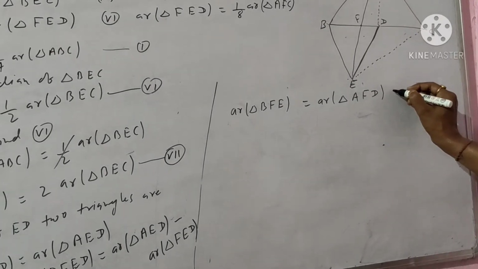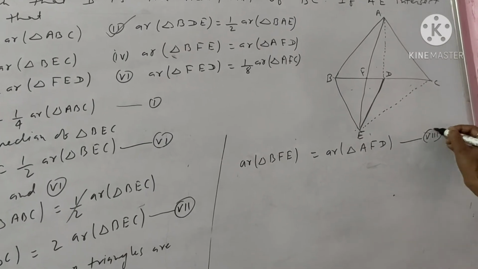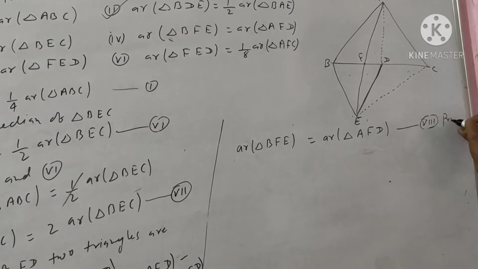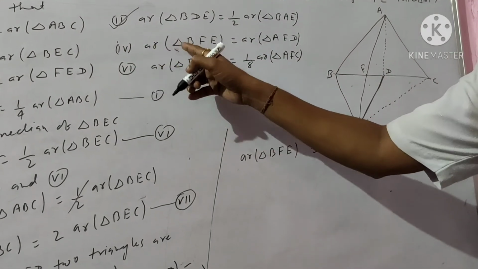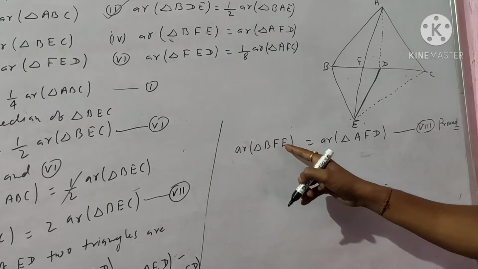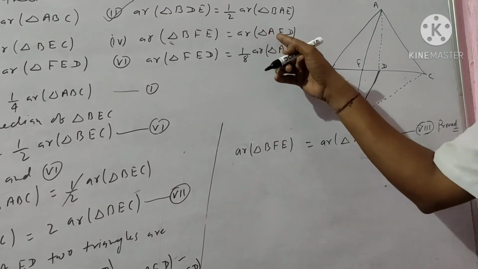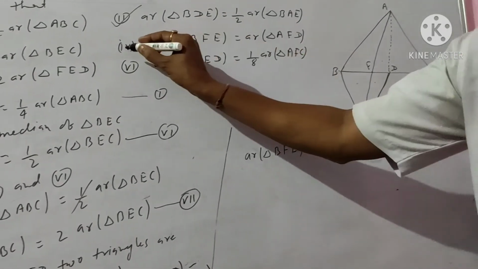This is your equation 8 and this is proved. Look at your fourth number proof here: area of triangle BFE is equal to area of triangle AFD. So the fourth one is proved here, student.